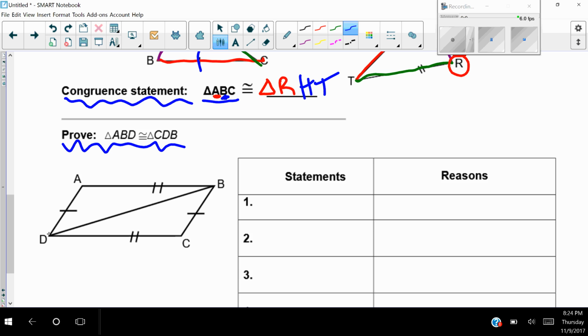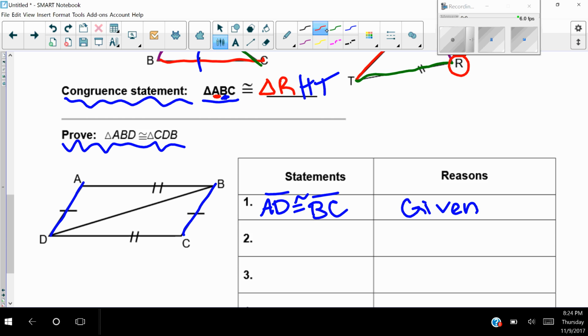So we're going to say, well, we know that AD is congruent to BC, and that reason is going to be given. It's plugged into my triangle for me. So I'm going to say side AD with a line above it is congruent to side BC with a line above it. And the reason is going to be because it's given. They wrote it in there for us.